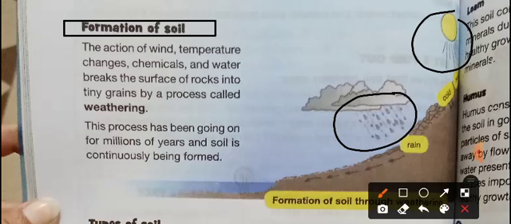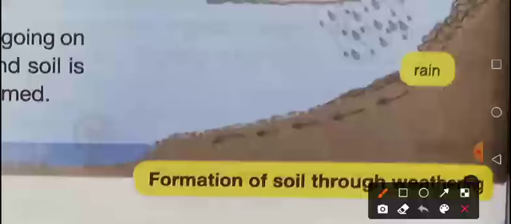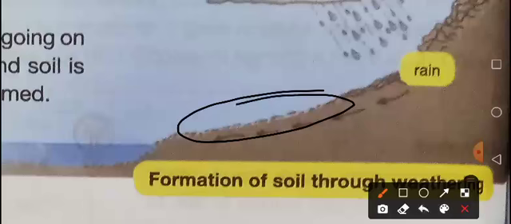These mountains are made of big stones, big rocks. These rocks start breaking down. Because of heat and rain, these big rocks start breaking down into smaller particles. If you look at this picture carefully, you will see these are the smaller particles. That is how the soil is formed.